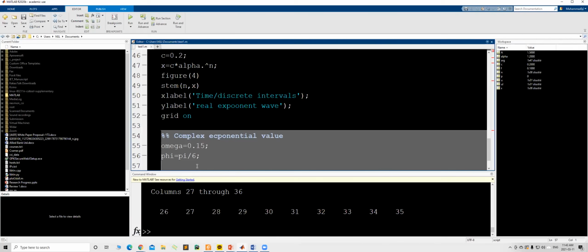So c, or I can also call it argument, is equal to omega n plus phi, multiplied by this term.